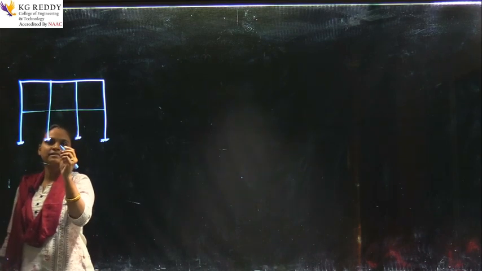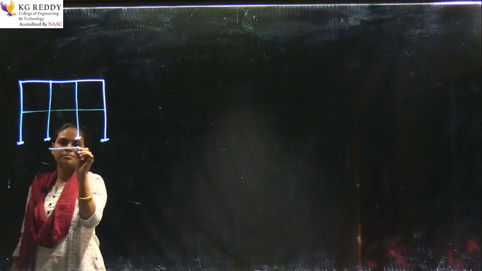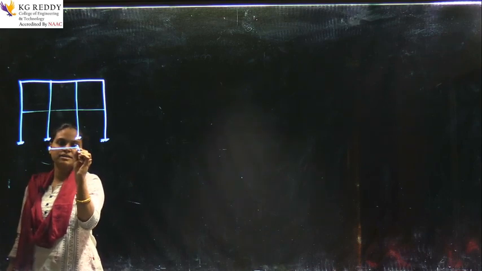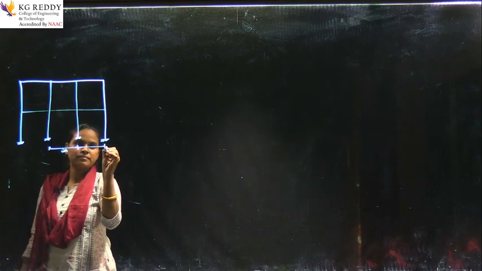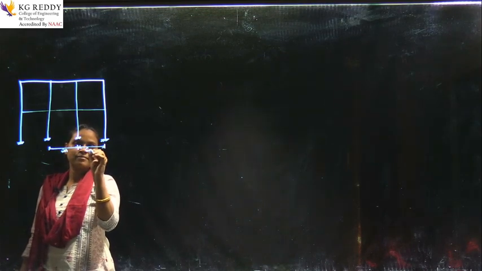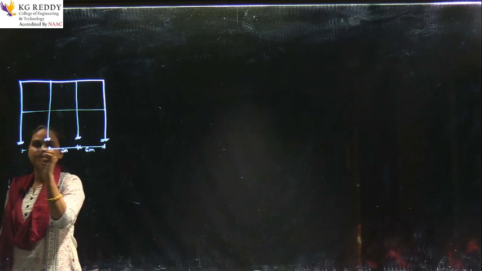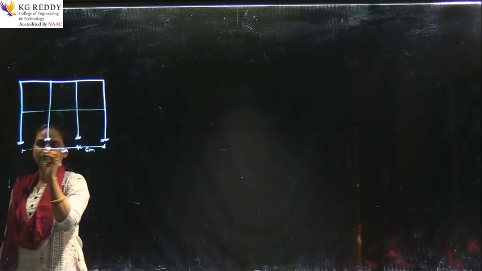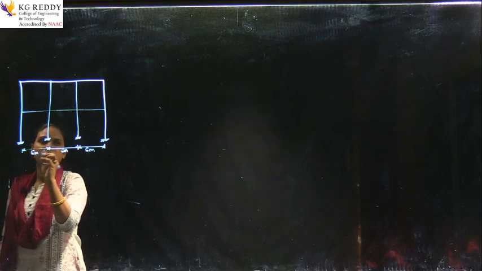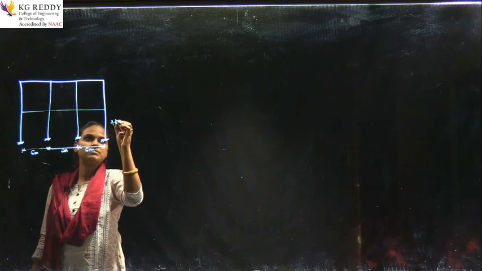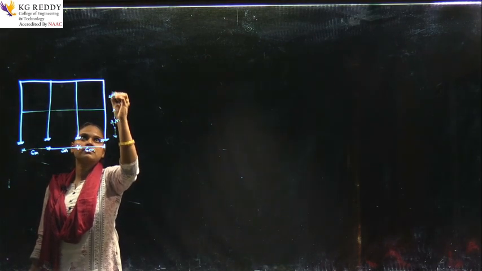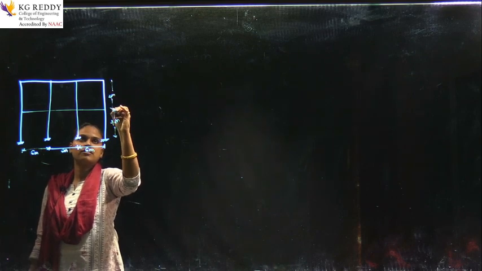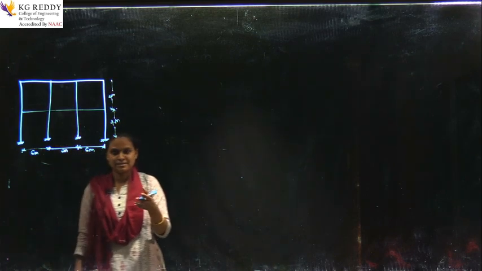And let us take the length of each beam as 6 meters. And let us take the column length as 4 meters. Okay. So, let us take this as the question.